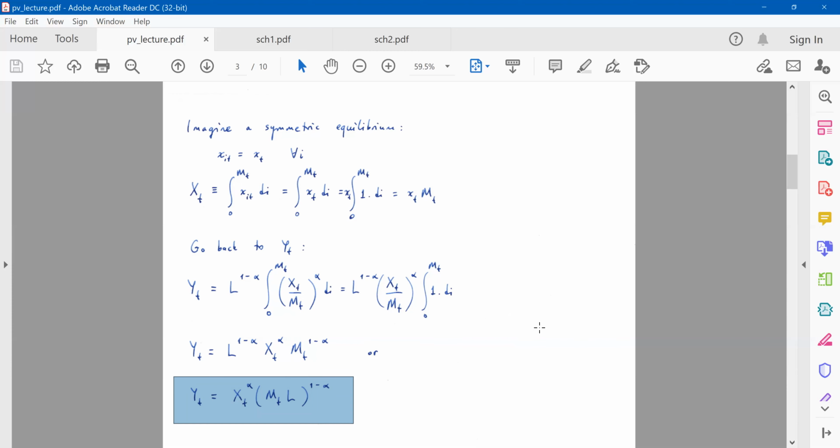The interesting thing, of course, is that we are making this a continuum. So 0 to M_t as an interval is a part of the real line, right? So you may, in principle, have 4.2 machines as well. Okay. So for that reason, it is called a measure. Okay, it's a theoretical construct.